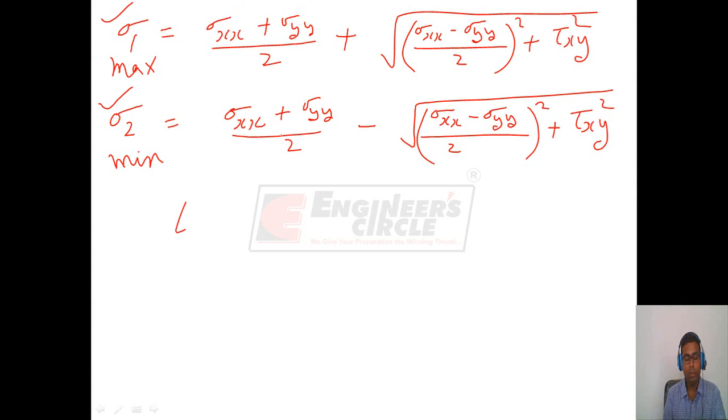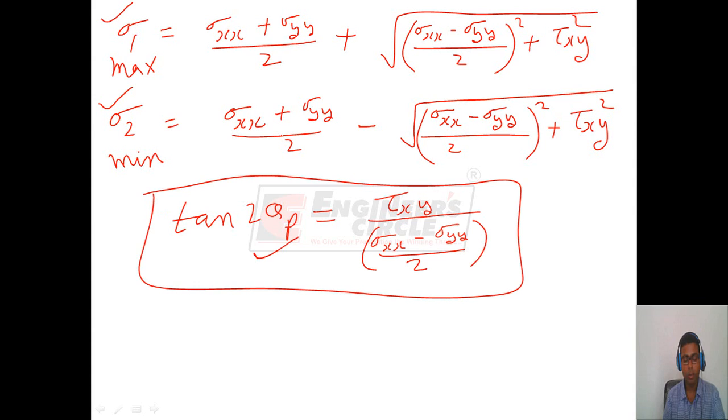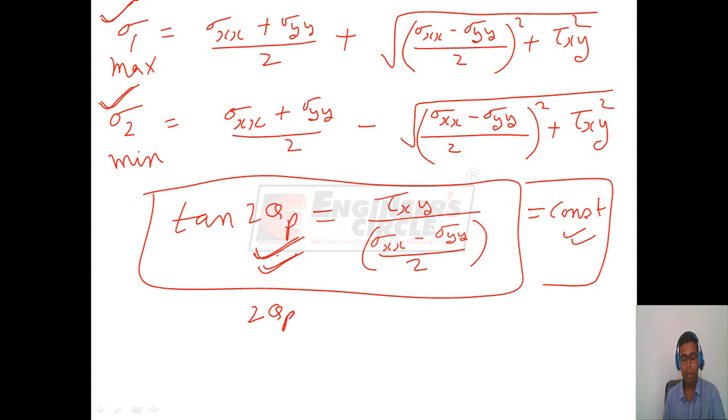Now we will find the principal planes are given by tan 2 theta p equal to tau xy upon sigma xx minus sigma yy by 2. This is the principal planes, and on these planes these normal stresses are acting. We have learned that this tan 2 theta p is equal to constant. So this equation tan 2 theta p equal to constant has two roots, and the two roots are principal plane 2 and principal plane 1.